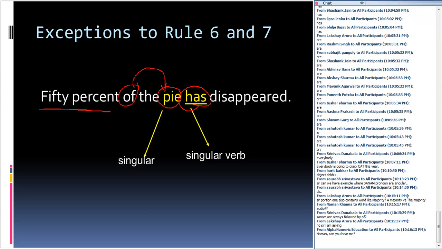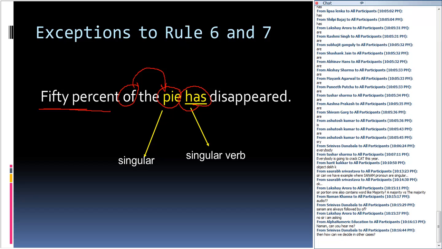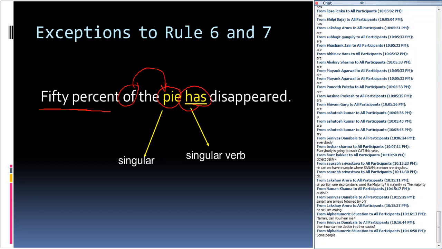Srinivas, your question is some are always followed by of. नहीं, not always. जरूरी नहीं है. For example, some people. Okay, Srinivas, some people. अब subject क्या हो गया? People. Because over here, if you write something like this, some people, then actually the subject is people.